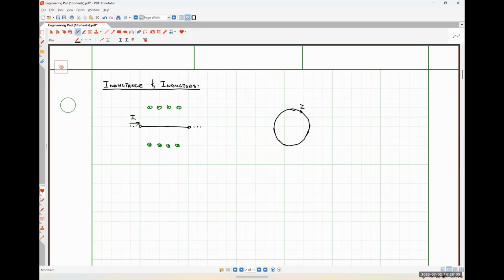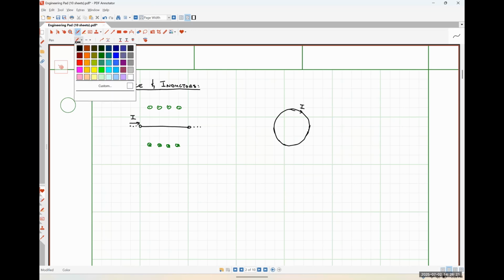Essentially, if our fingers curl around in the direction of current flow, then our thumb is going to point in the direction of the field. So if we curl the fingers of our right hand clockwise, we should see that our thumb is actually pointed down.